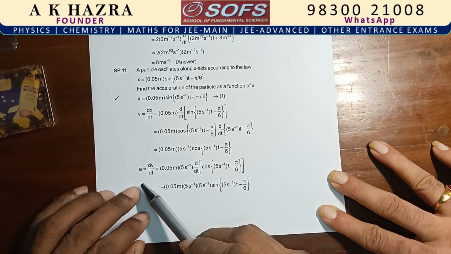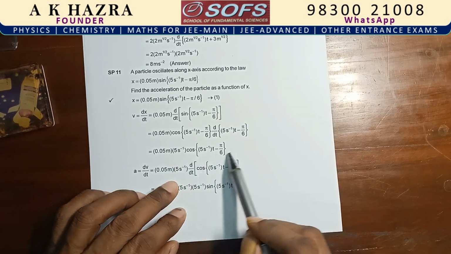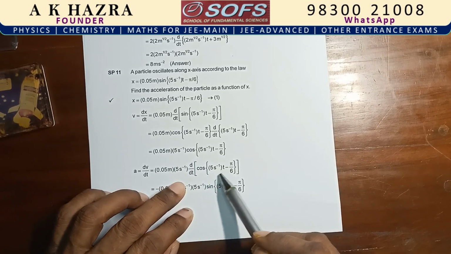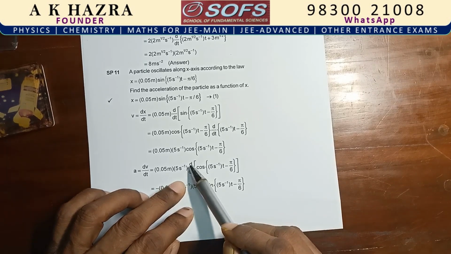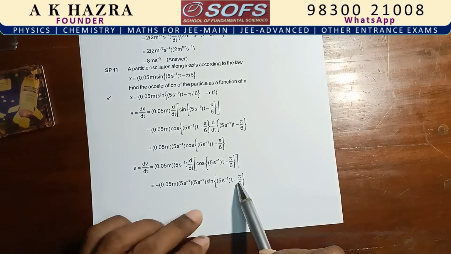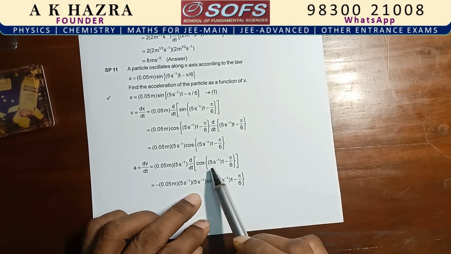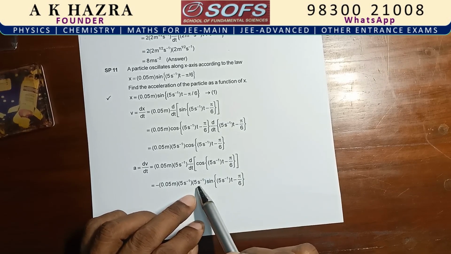So what is the acceleration? dv/dt. This remains as it is. d/dt of this one, again think this to be z. So d/dz of cos z times dz/dt. d/dz of cos z means minus sin z. And d/dt of this z is equal to what? 5 per second, so multiplied by 5 per second.